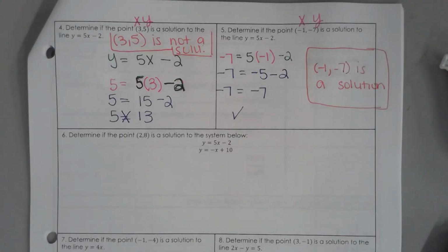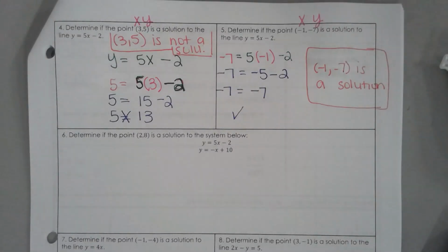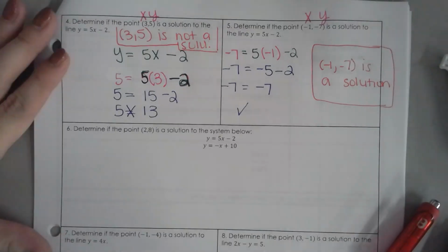Now number 6, if I say, is the point a solution to the system, that would mean it would have to be true for both equations. I have to check the point in both equations and see if it's true for both. So we're still using 5x minus 2.